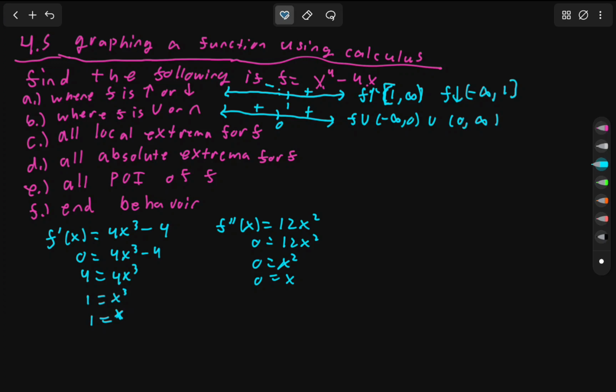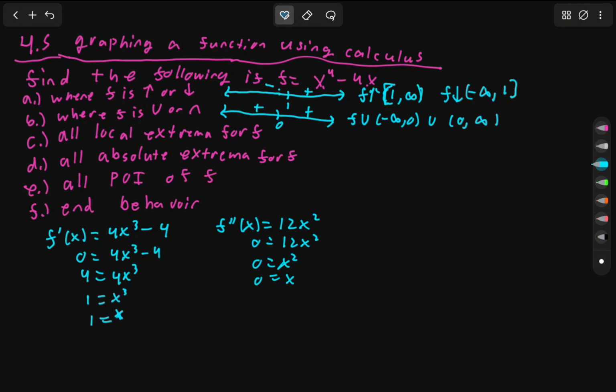Now for finding the local extrema of f, you may recall that f will have a possible extrema where the derivative is 0, or where it's undefined. Well, because this is a polynomial, it's never going to be undefined, but we have found it's 0. And its 0 is at x is equal to 1.